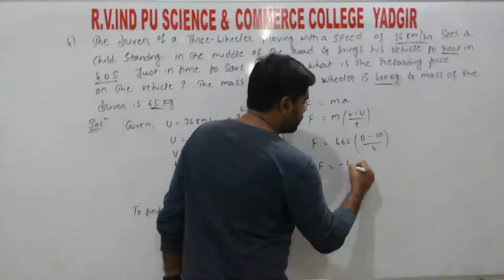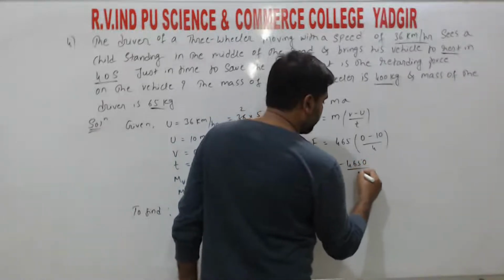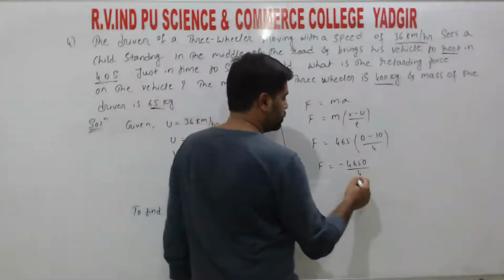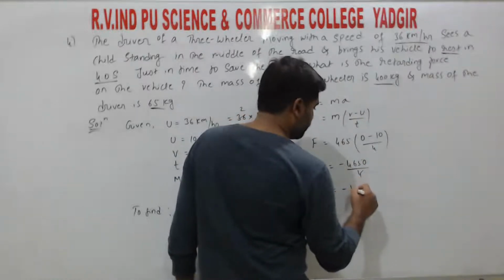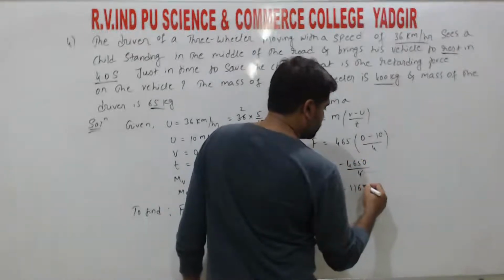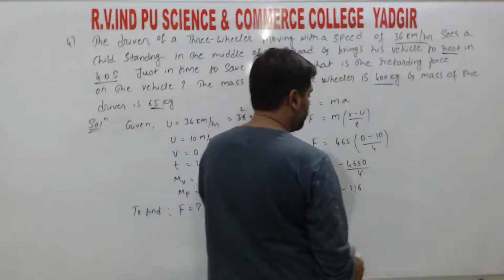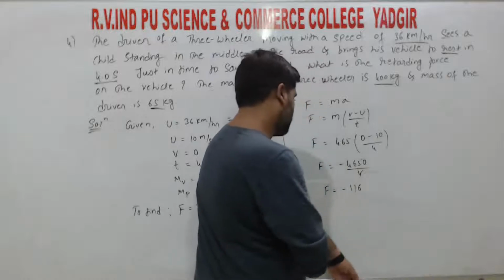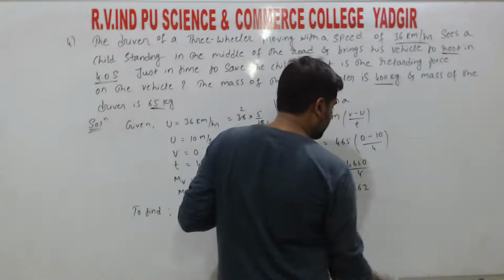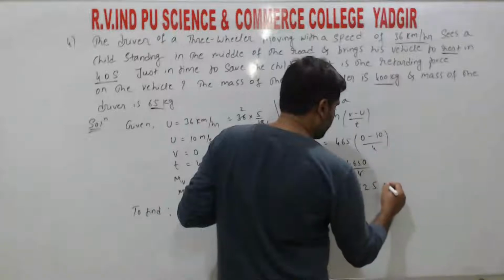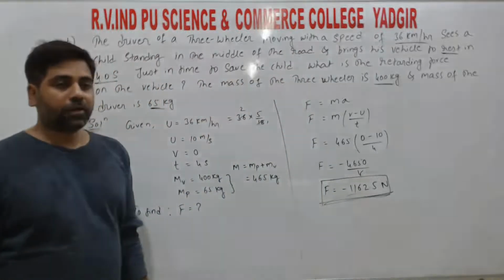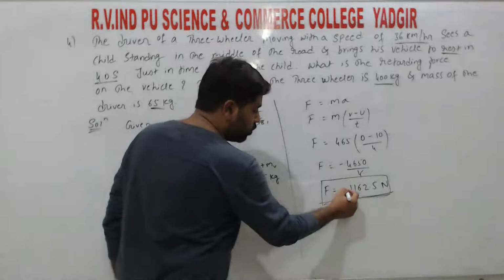So F is equal to minus 4650 divided by 4. 465 into 10 is 4650 by 4. If we simplify this, we get the answer, 1162.5 Newton. After simplifying, the force must come with a minus sign.